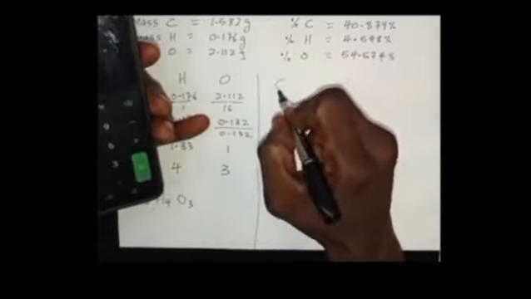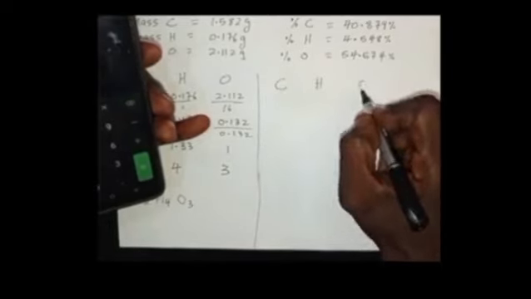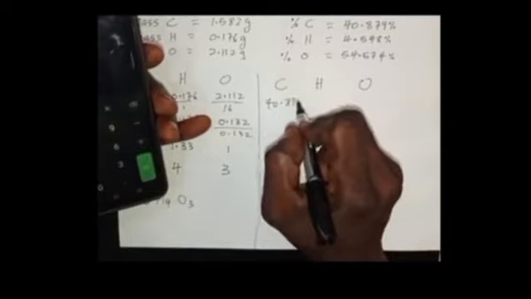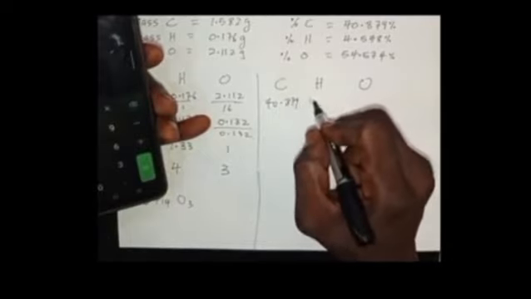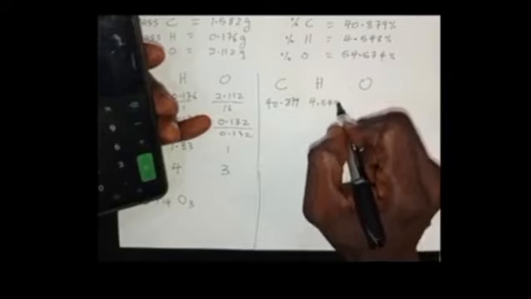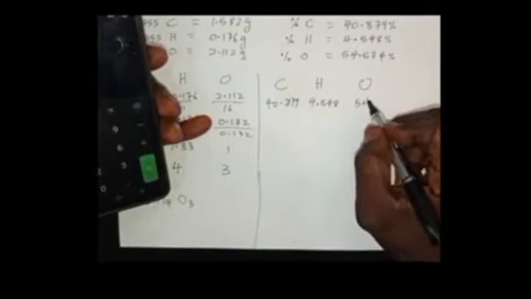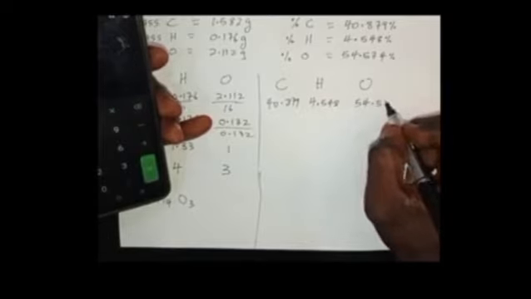Okay, don't forget, we can also obtain the empirical formula by using the percentage compositions. Let's check it out. I'm given carbon, hydrogen, and oxygen. Carbon is equivalent to 40.879, hydrogen is 4.548, and oxygen here is 54.574.